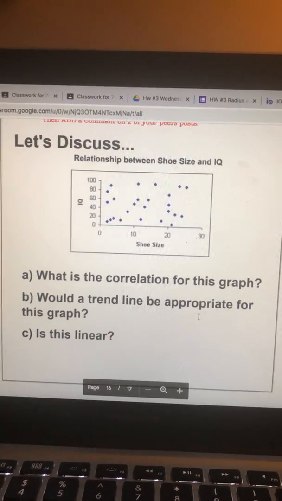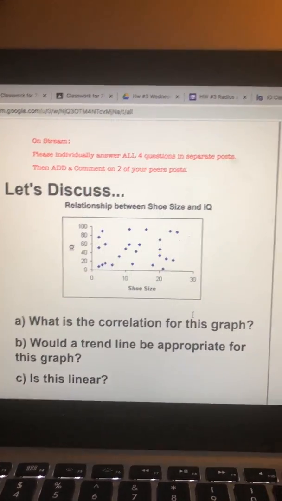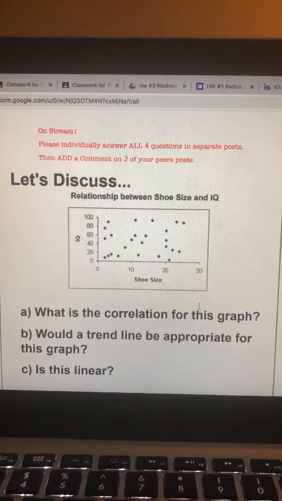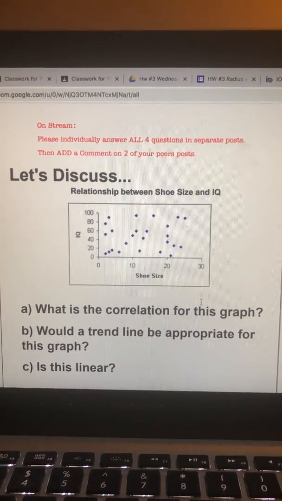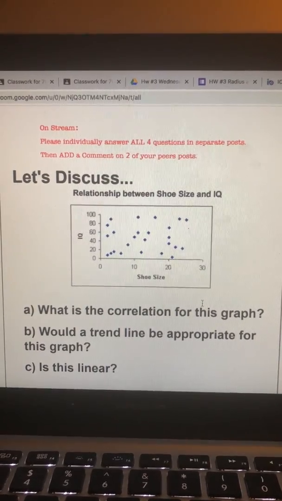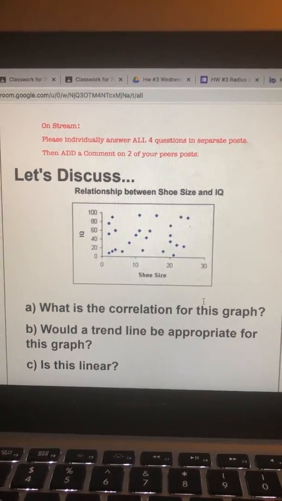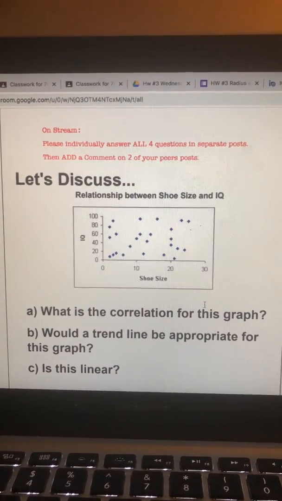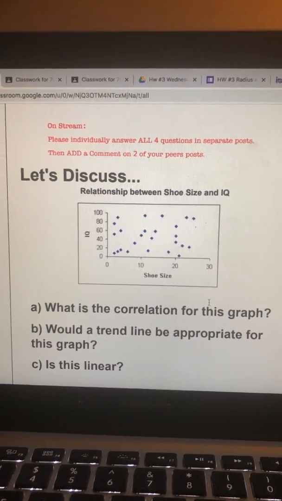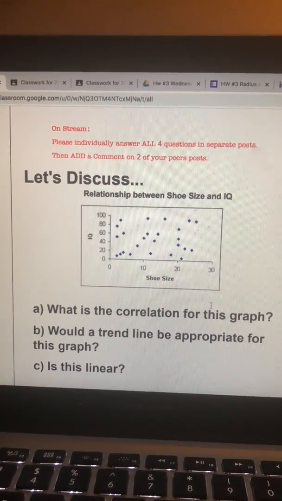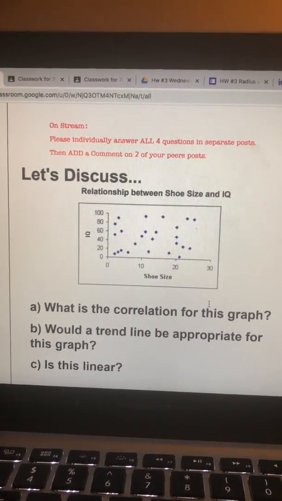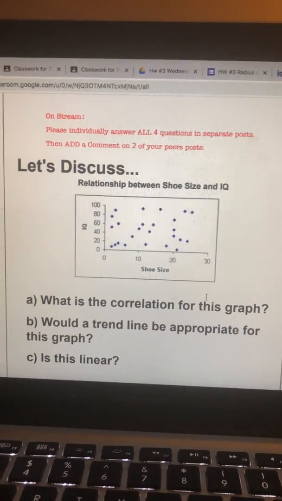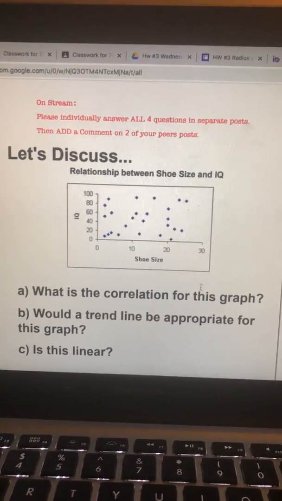And then there is this. So this is a discussion question. Some classes are answering these questions on the stream. Some classes are answering these questions in a Google form. I know that 801 and Miss Camp's class and Miss Mataskill's, you are answering this in a Google form.